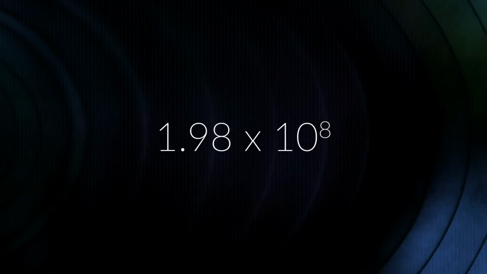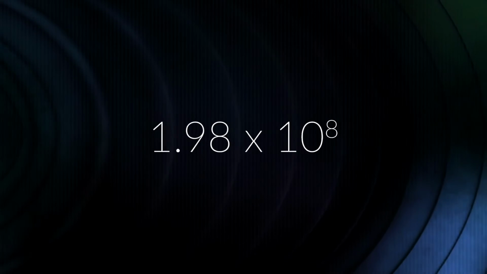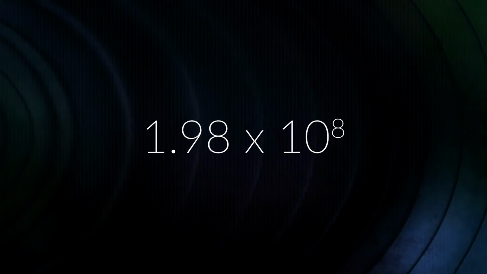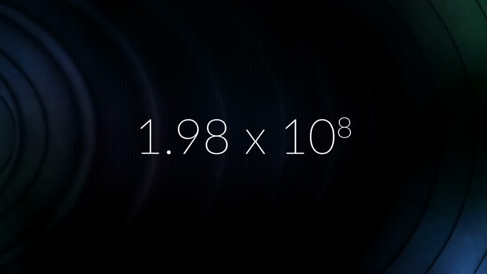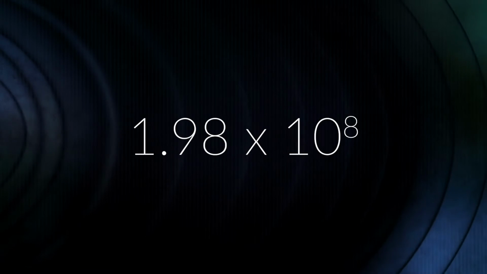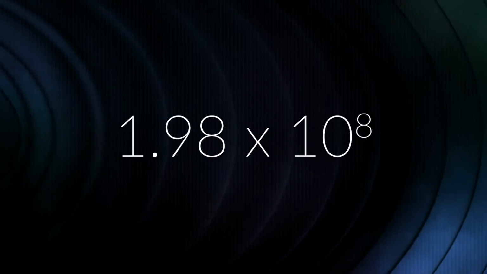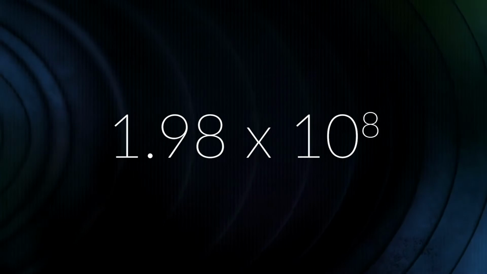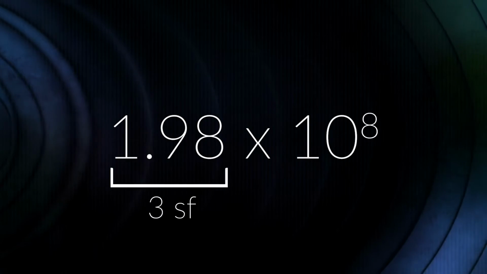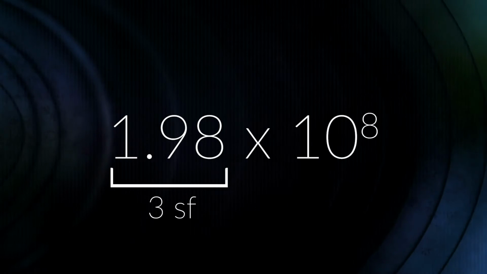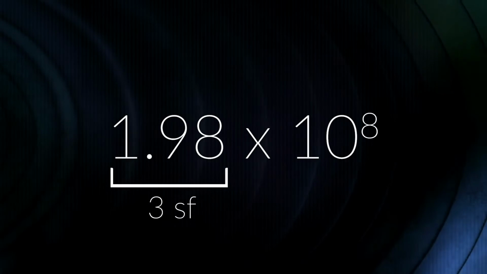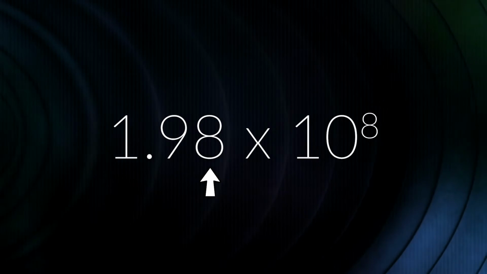So let's look at the number that we had previously again, which was 1.98 times 10 to the power of 8. And we were talking about watts, although the units are not important right now. But if you have 1.98 times 10 to the power of 8, you can see that 1.98 is three significant figures. Now, if I wanted to write this to two significant figures, then I would take the third significant figure and round it up.